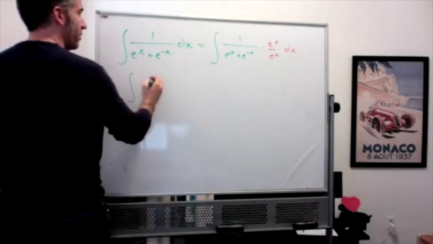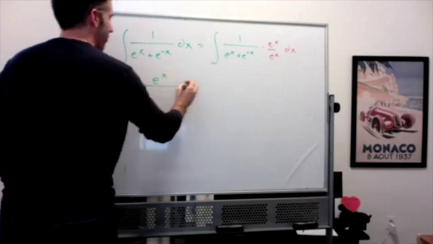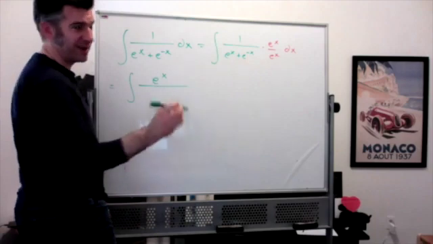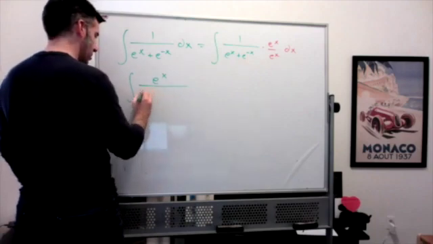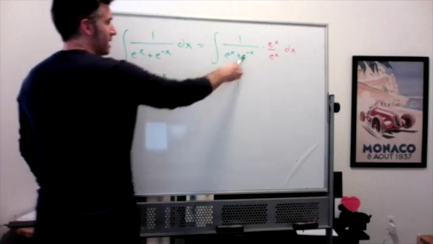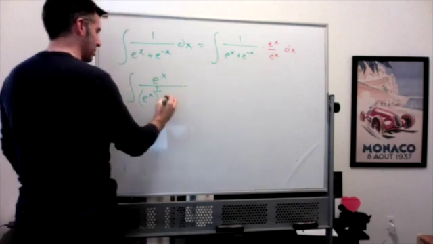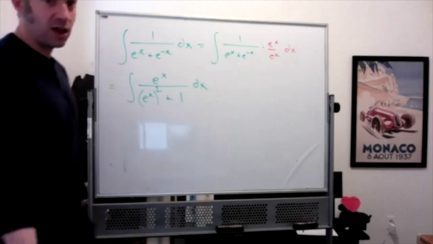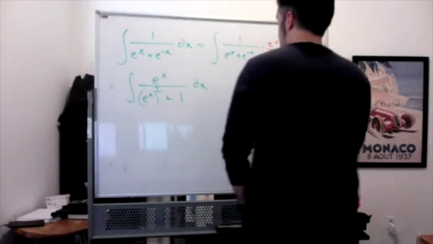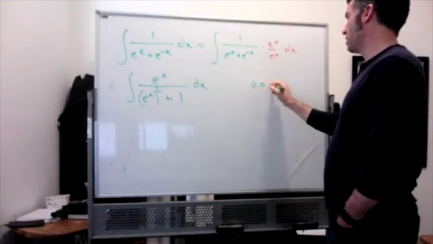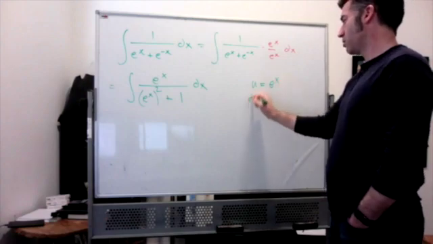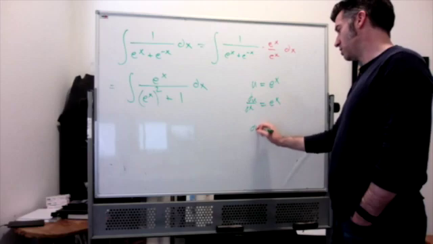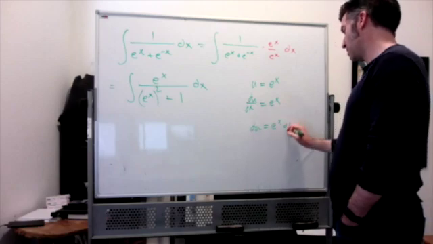You get the integral of e to the x over e to the x times e to the x. You could write e to the 2x, but I'm going to write e to the x squared. And e to the negative x times e to the x is e to the 0, which is 1. Then we can do a lovely u substitution. We can let u equal e to the x. Our du dx is e to the x, so du is e to the x dx.